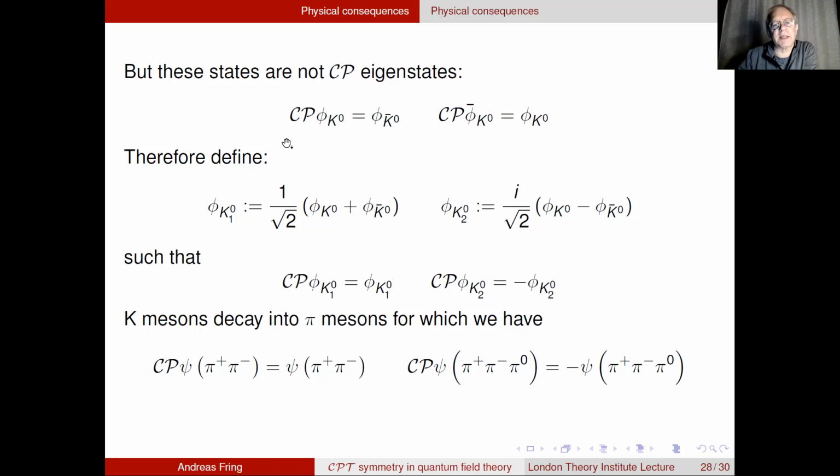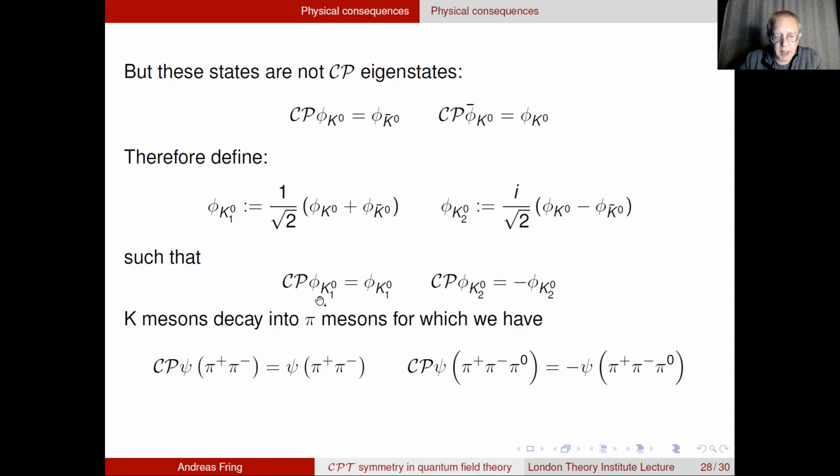So therefore one defines some new fields made up now of phi K0 and phi K0 bar. In one case you take the sum, in the other case you take the difference. These are just normalization factors you put, but the key point is that these new fields are eigenstates of the CP operator.